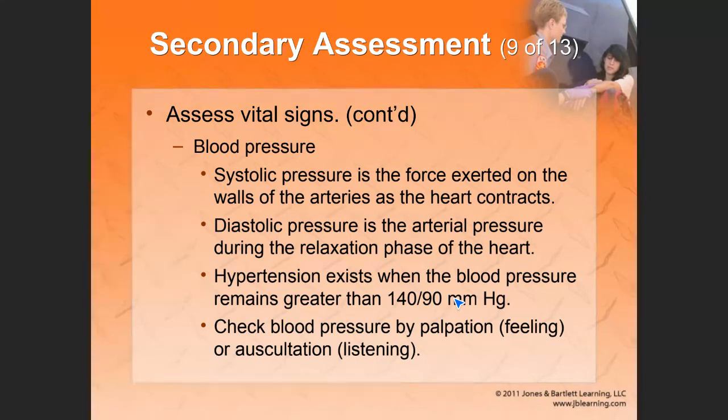A patient who has a systolic, which is the top number, that is 160 or higher, and a bottom number, which is a diastolic, that is 110 or higher, is at risk for stroke. So if that person has a blood pressure of 160 or higher over 110 or higher, the patient can get a stroke. They should not be working. They need medication.